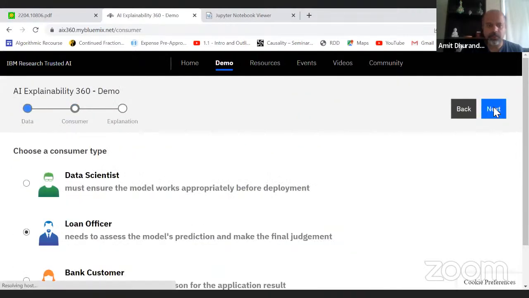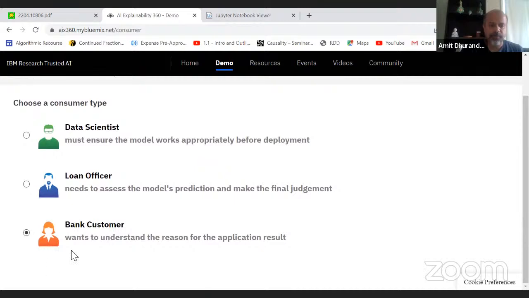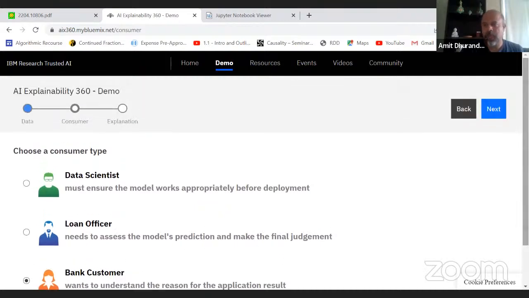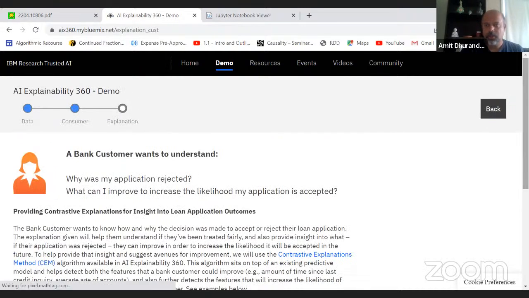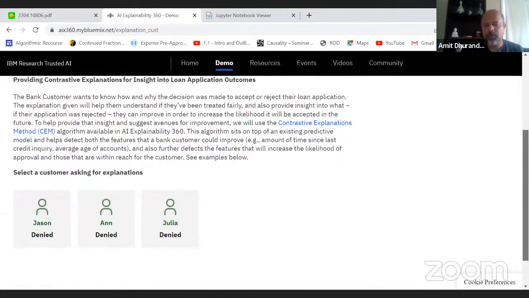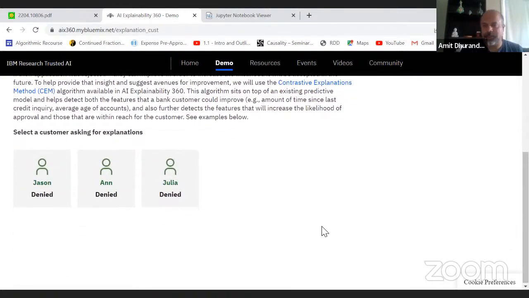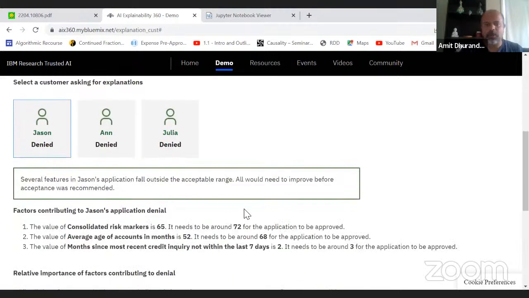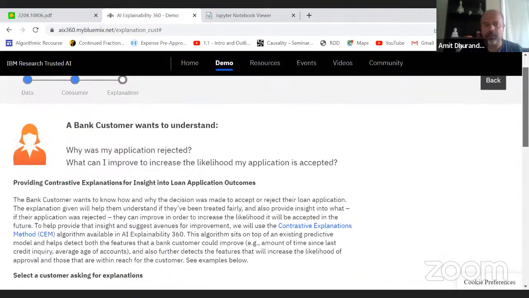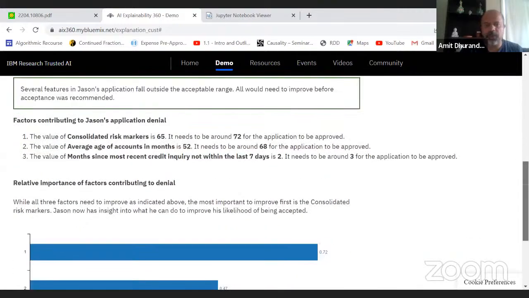So you can get diverse and representative examples like that. And then if you're a bank customer who actually submitted the application, if your loan is approved you would mostly not care, because generally you would care about a negative decision. That is, if it was denied, you would want to know why it was denied and what you could change so that it's approved the next time you file it. A method called the contrastive explanation method does exactly that.